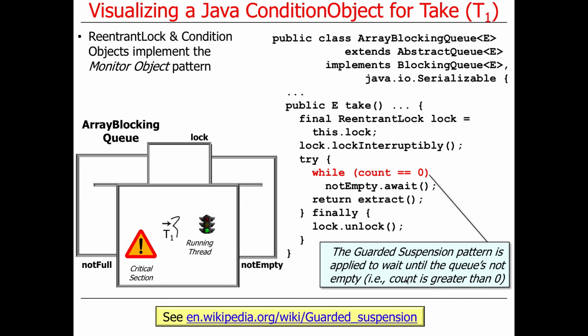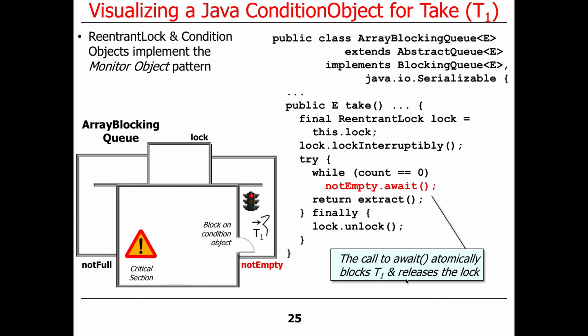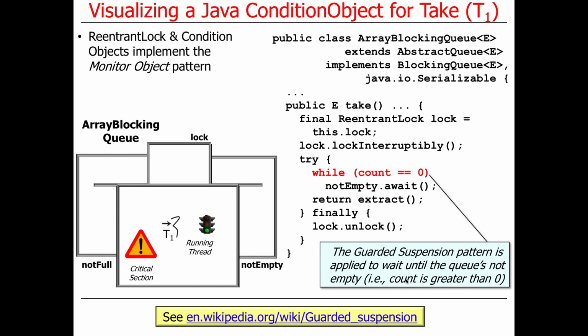And let's say, for sake of argument, that it's going to check the guard on the guarded suspension portion of our implementation. So this is the guarded suspension pattern. And it's going to say, while the count is 0, in other words, while there are no messages in this queue, then go ahead and wait. And you can see it's running inside the critical section, doing that check.